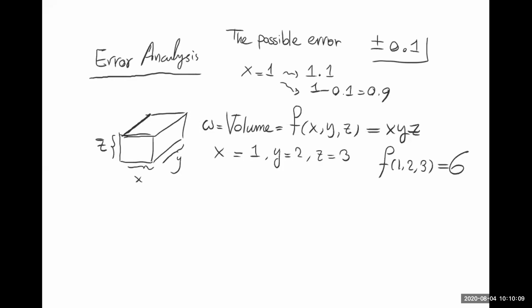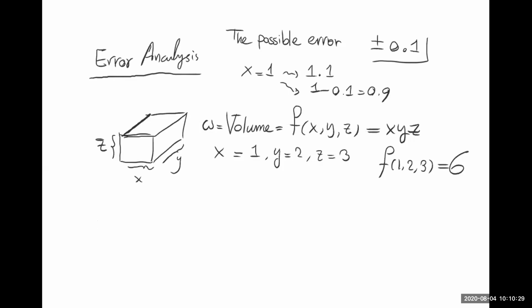X can be anything in between. You might have seen when you buy something, sometimes the weight is written as a number, say 500 plus or minus something. That means there might be a mistake in measuring. There might be an error.